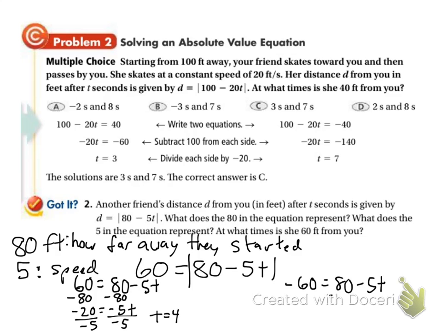Over here, I'm going to subtract 80 from both sides. I get negative 140 equals negative 5t. I'm going to divide both sides by negative 5. And 140 divided by 5 is 28, so t equals 28.